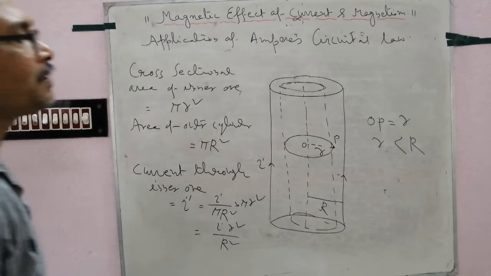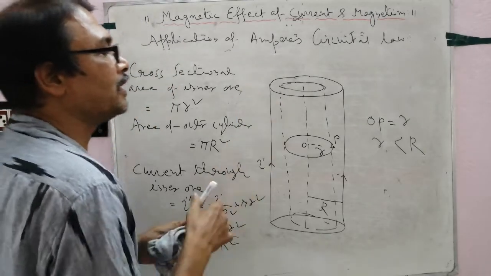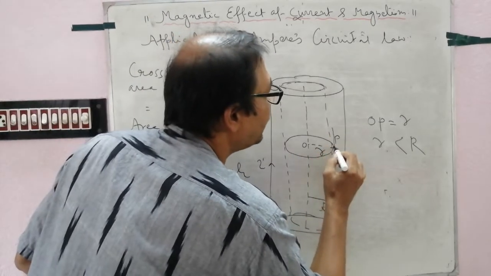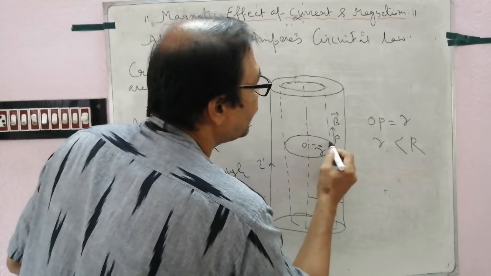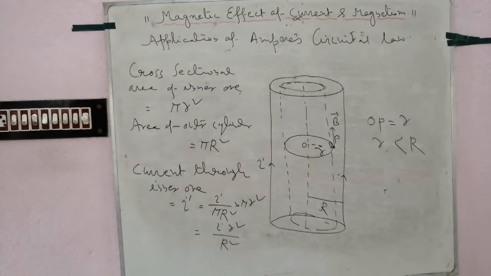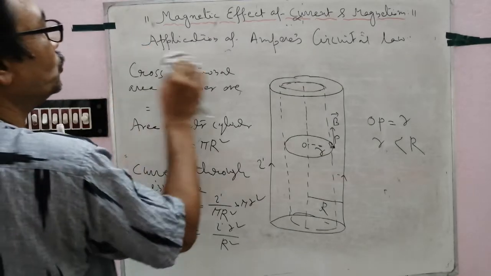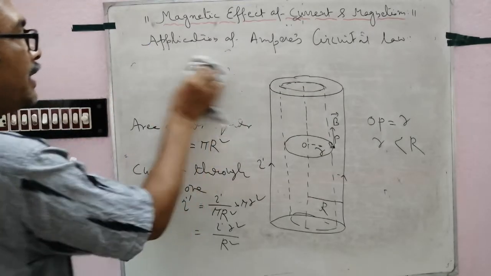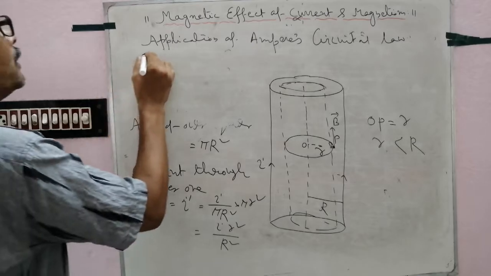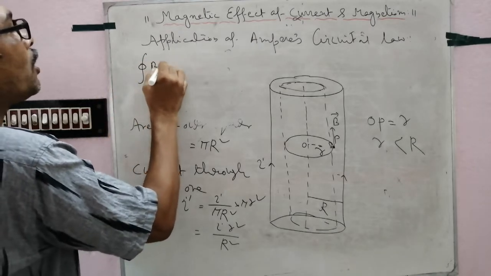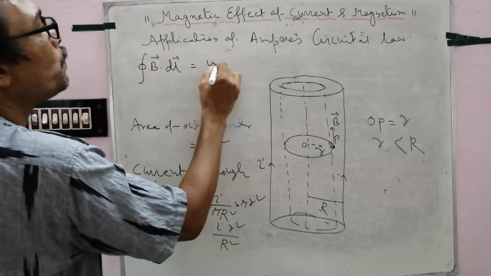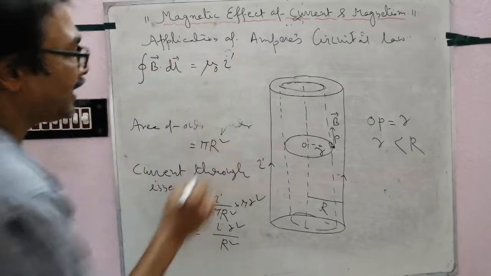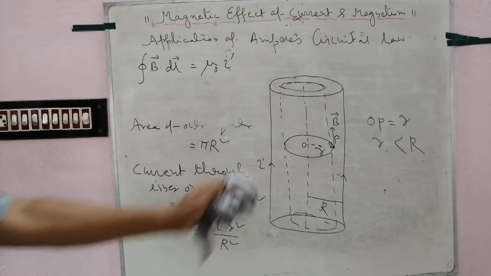So the current is in this direction, and the magnetic field is in this way. This is r, and the angle between B and r is 90 degrees. So at P, by application of Ampere's law, the integral of B dot dl equals mu naught into I dash, the current through this portion.